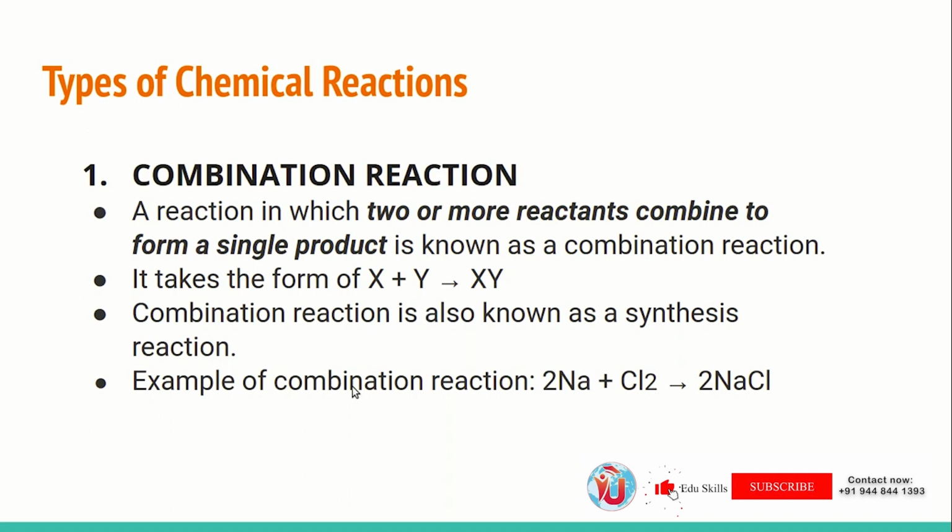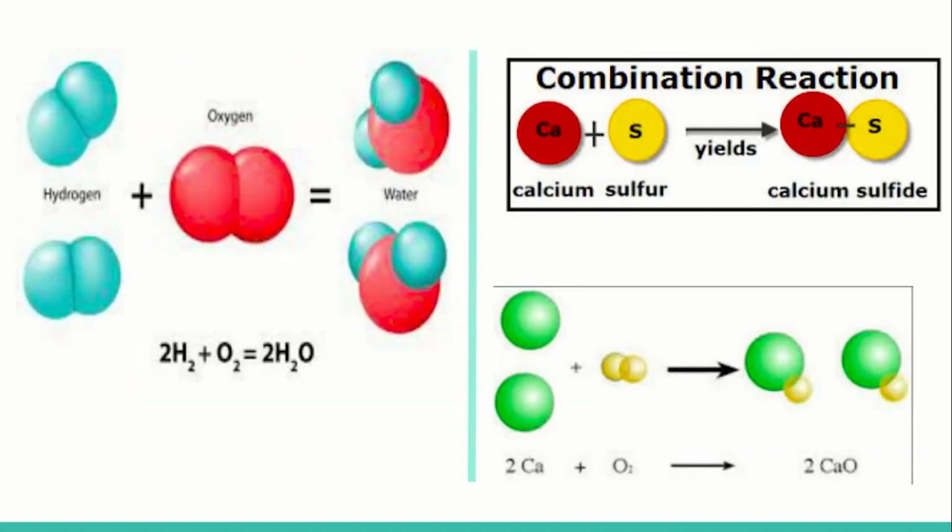Examples of combination reaction: 2 sodium plus chlorine combine to form sodium chloride. There are many other examples, which include hydrogen combining with oxygen to form water molecule. Then calcium combines with sulfur to form calcium sulfide. Calcium combines with oxygen molecule to form calcium oxide.